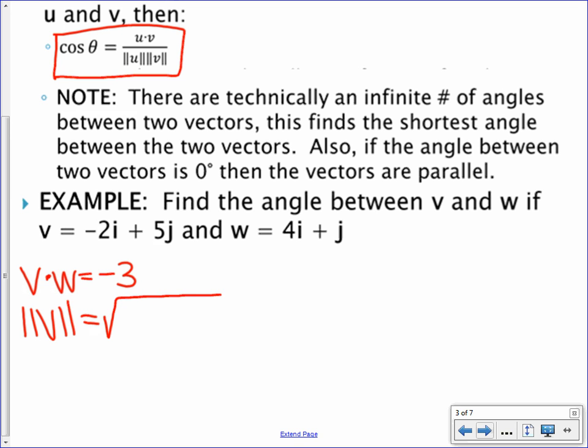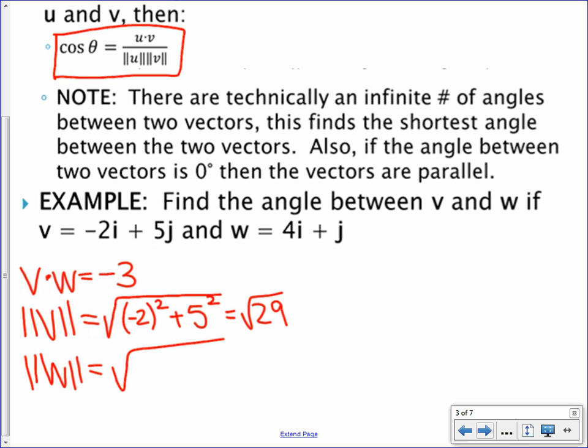Square root of -2 squared plus 5 squared, which is square root of 29. And the magnitude of W, I'm going to take the square root of 4 squared plus 1 squared, which is square root of 17.